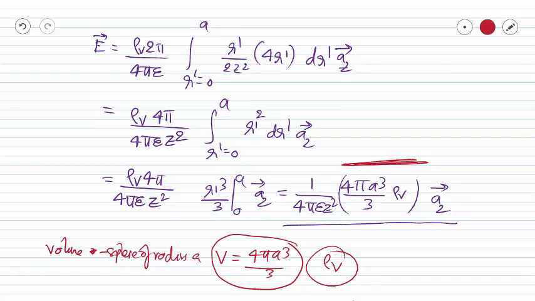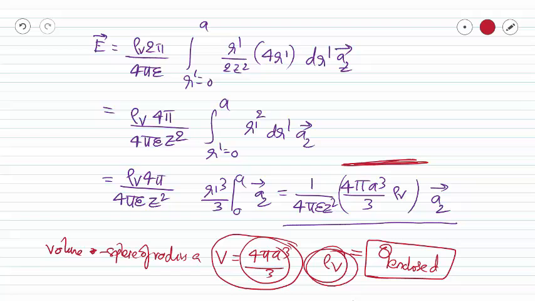That product gives me the total charge enclosed in the sphere. So the product of 4 pi a cube by 3 into rho v is equal to the q enclosed by the volume charge distribution.